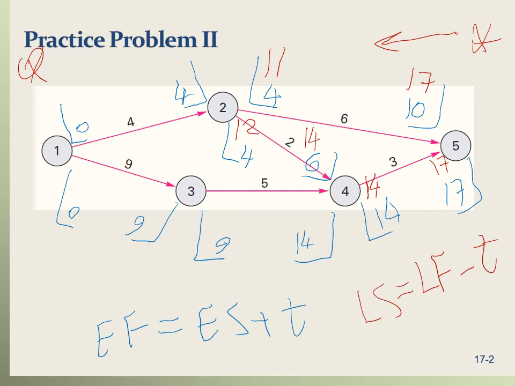Now let's move on to the next activity, activity 3 to 4. The late finish of activity 3 to 4 cannot be longer than the late start of 4 to 5. So this means that the late finish of 3 to 4 is 14.